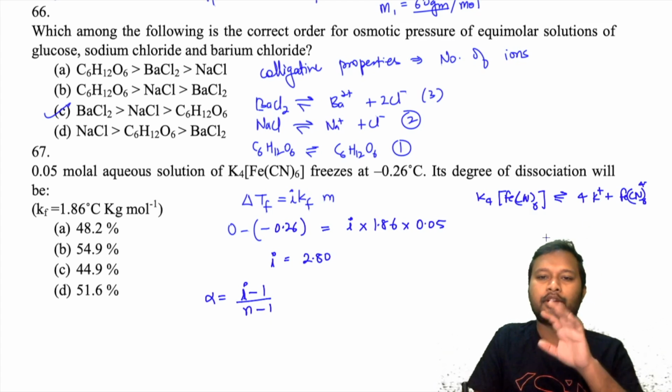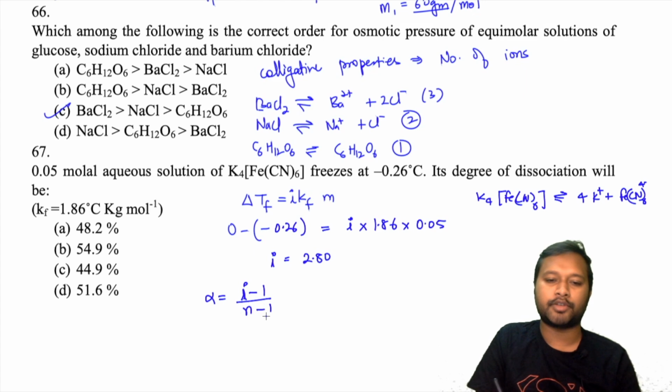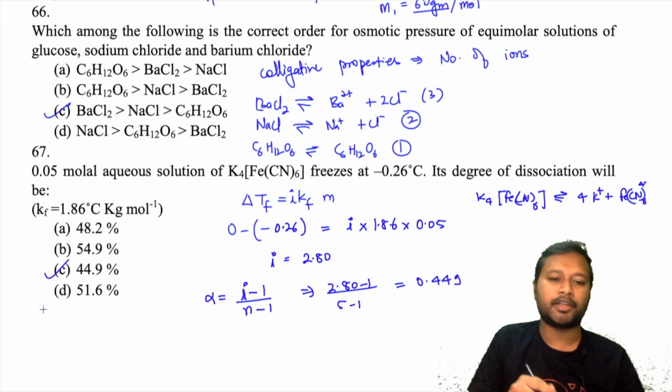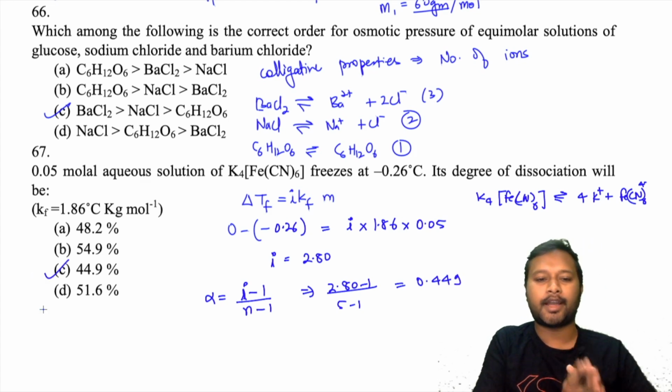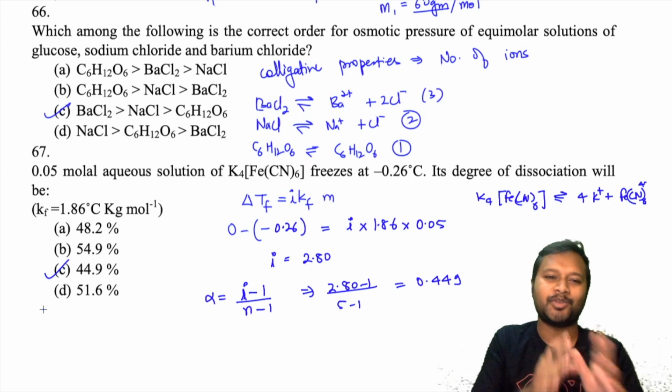So there are a total of 5 ions which is going to dissociate. So the value of n is going to be 5. Put everything here, so that is 2.80 minus 1 divided by 5 minus 1. Solve this and you will get alpha as 0.449, and in percentage that is going to be 44.9%. Okay, so this is how it has to be done.